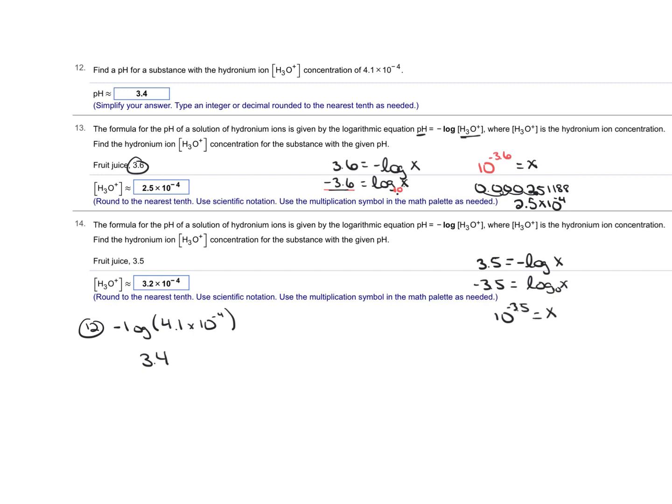When I type in 10 to the negative 3.5 power into my calculator, I get 0.00316, and it keeps going. So that is 3. This 6 is going to round that 1 up to a 2 times 10 to the 1, 2, 3, 4th power. This is a little number, so it would be negative 4th.